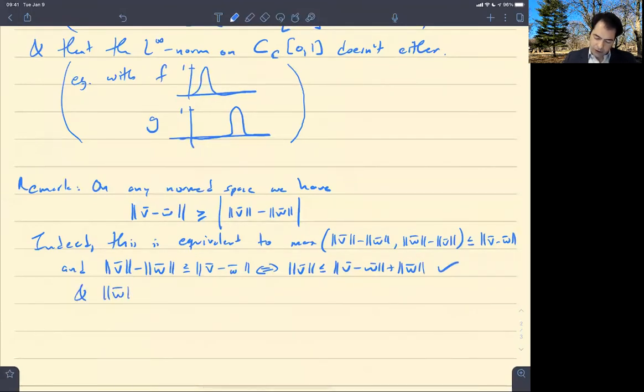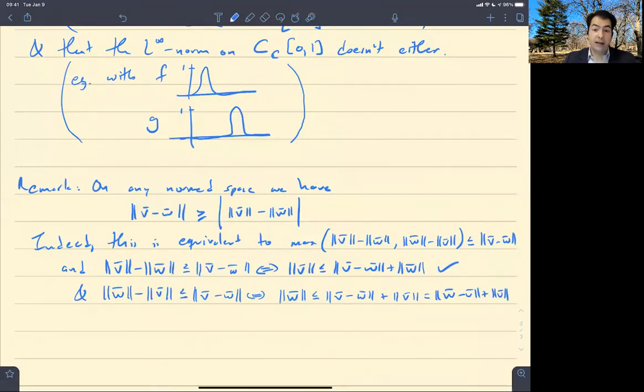And similarly, if we had started with these norms in the opposite order, we want to show this is bounded above by the norm of V minus W. Well, that's equivalent to having the norm of W bounded above by the norm of V minus W plus the norm of V. And now all we're going to do is write the norm of V minus W as the norm of W minus V. And now we're right back where we were right here.